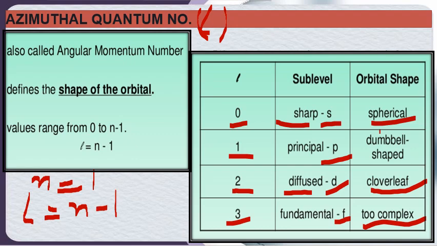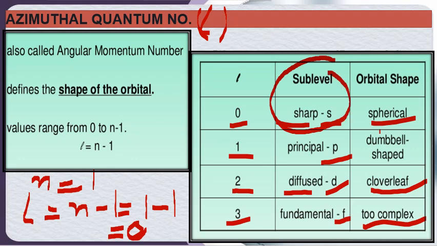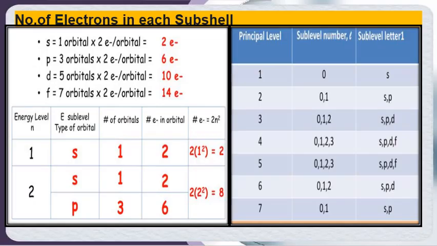Place the value of n in it, it will be 1 minus 1 equal to 0. It means in the first shell, there is present only one subshell, that is S, which is having spherical shape. Clear? Now here on this slide, there is given how the number of electrons in each subshell can be calculated.